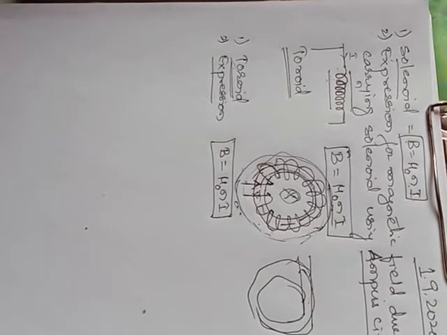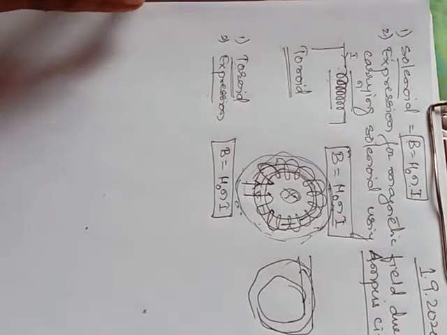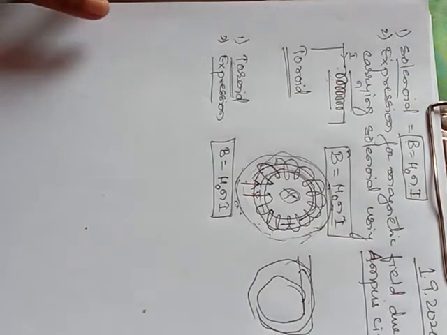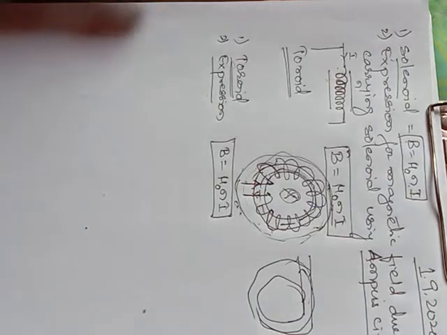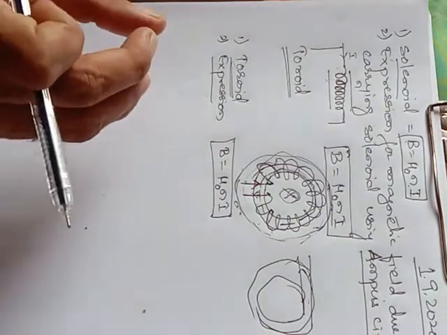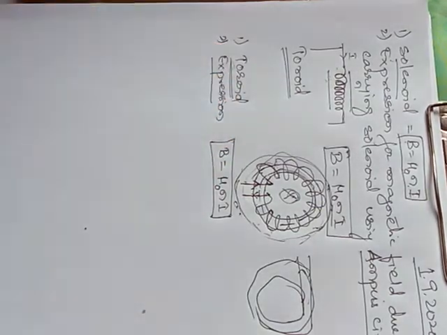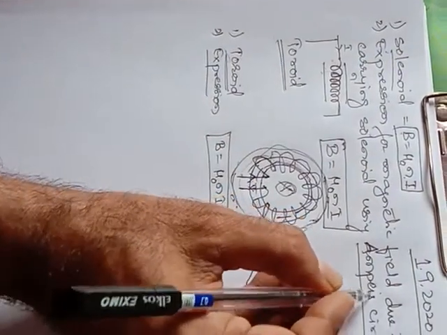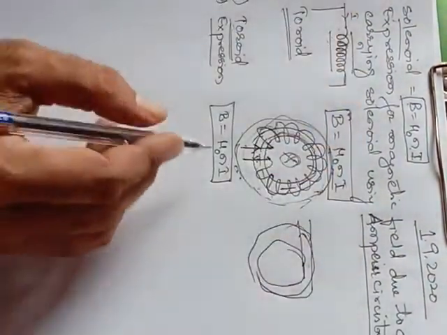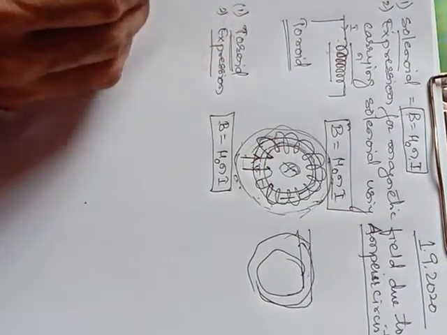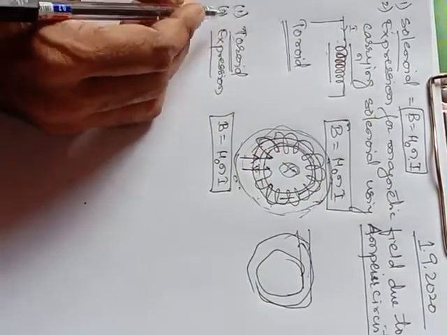Since it is in a circular manner and compact, and the same magnetic field is created as a solenoid, because of that this toroid is used more. Practical application of toroid is more.